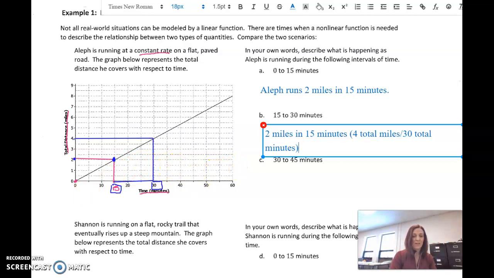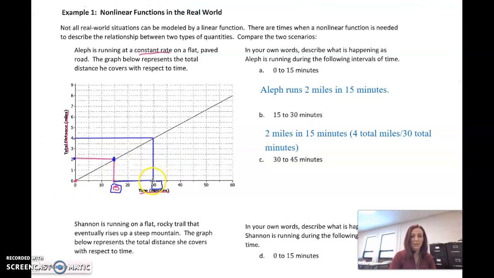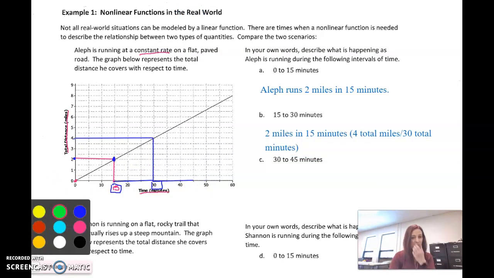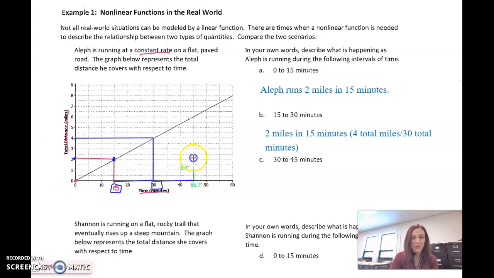And then I guess we'll look at our last one here. We are going from 30 to 45. And so if I'm going from 30 to 45, looks like I'm going over 6. Now again, when we're talking about our intervals here, this is 45 right here, right? So if I'm going 30 to 45, that's 15 minutes.